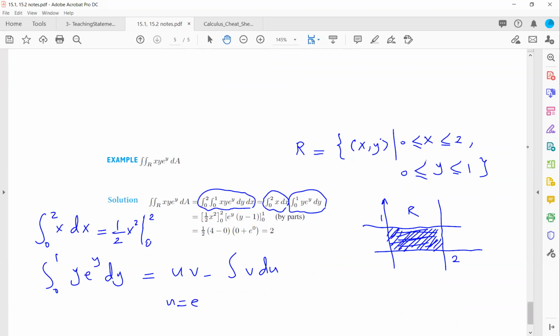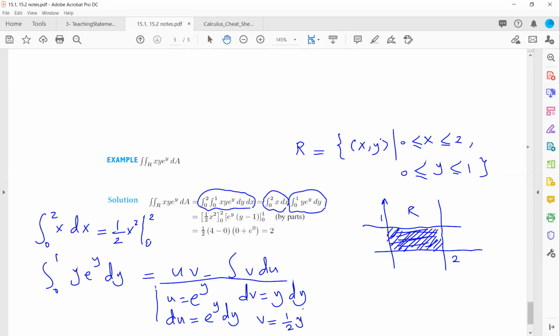So suppose u is e to the y. Let's use the second format. Suppose u is e to the y and dv is y dy, then du is equal to e to the y dy, but your v is going to be a half y squared.